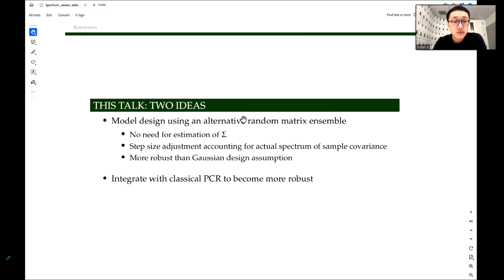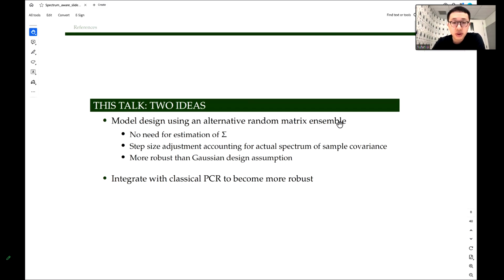So in this talk, we basically introduce two new ideas. The first one is to model the design matrix using an alternative random matrix ensemble. So we no longer assume the independent Gaussian assumption for the observations.